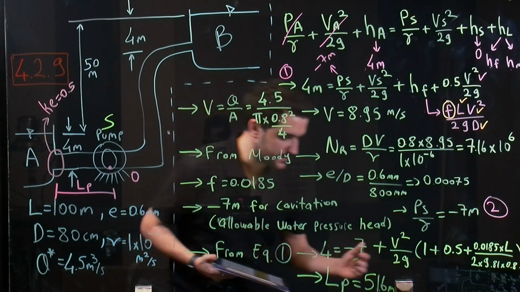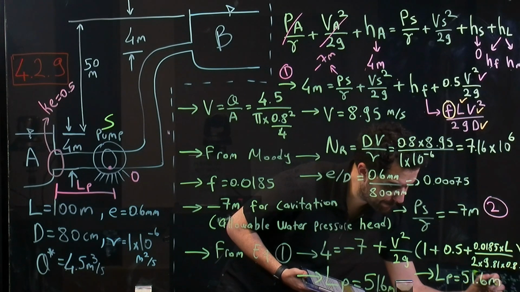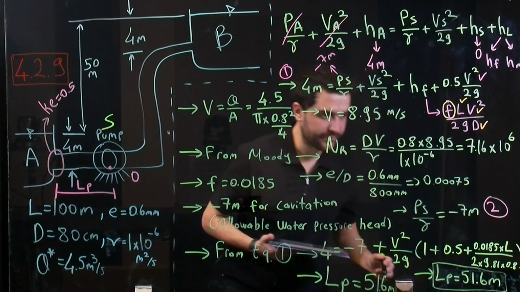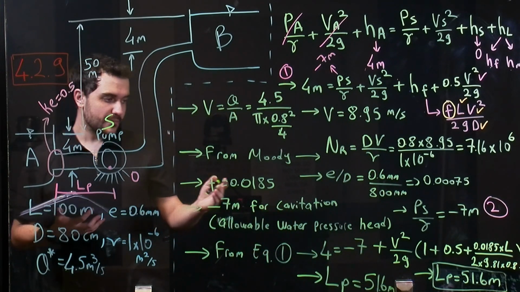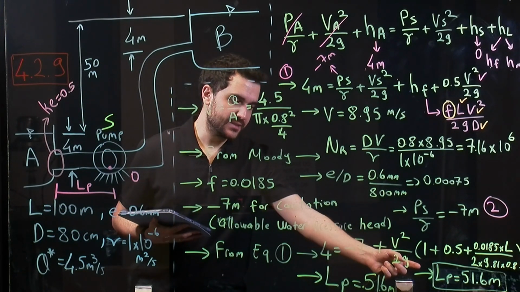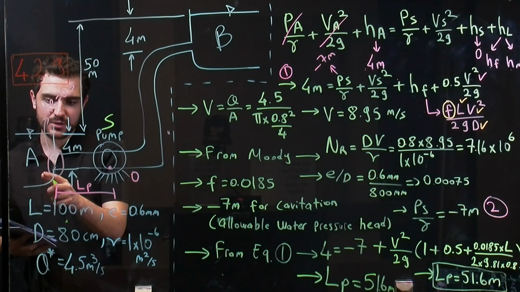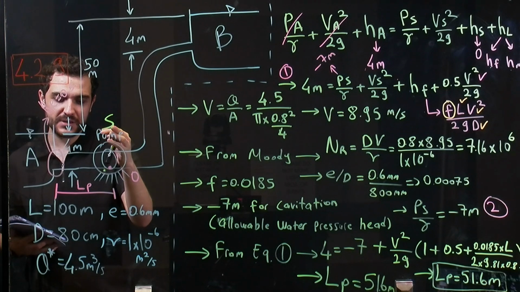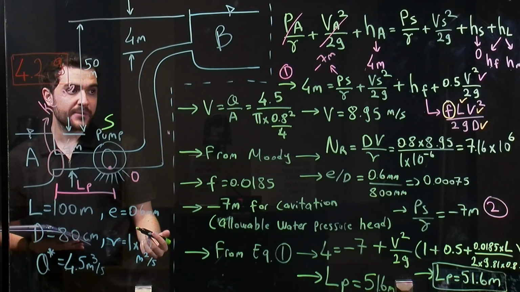If it is not visible, I will write it here. So clearly, the maximum length we can use is 51.6 meters, which will be the value from reservoir A to the suction side of pump. So if we do that, we can prevent cavitation.